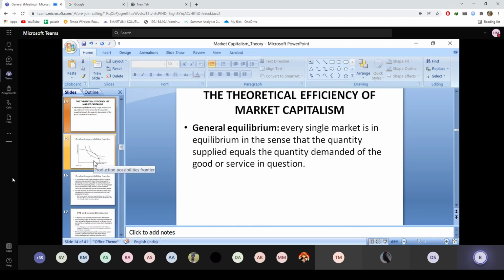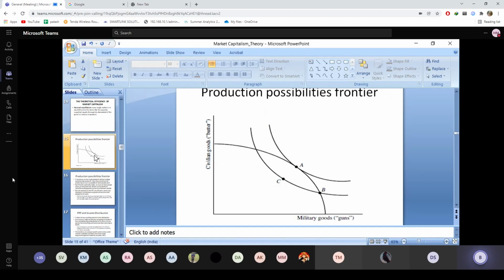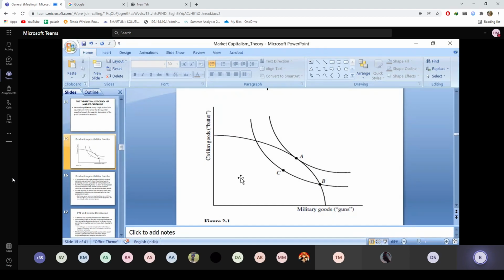So as I said, if you look at this production possibility frontier, I think you may have already seen this. Here we are looking at military goods and civilian goods. If you look at this production possibility frontier, there are two indifference curves here, and they have different points.